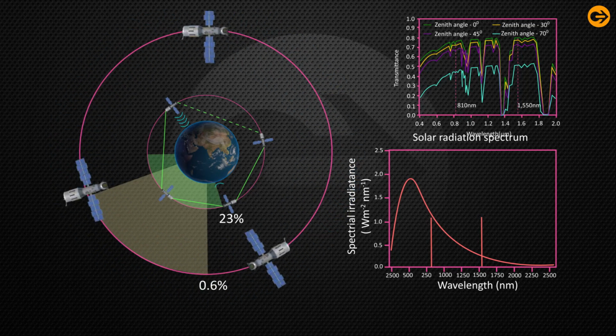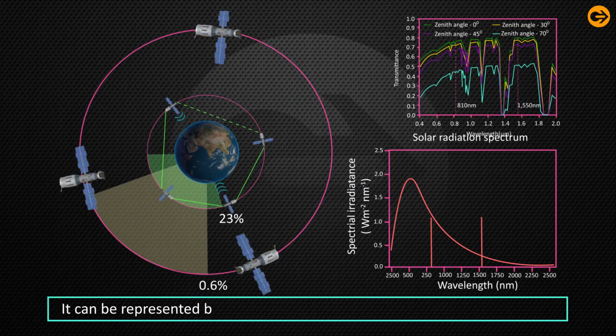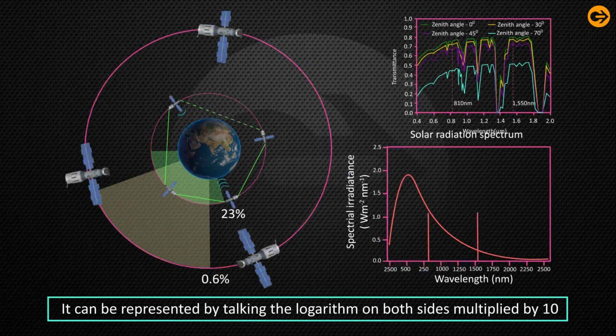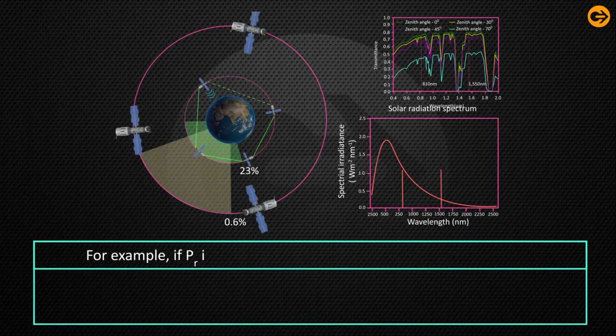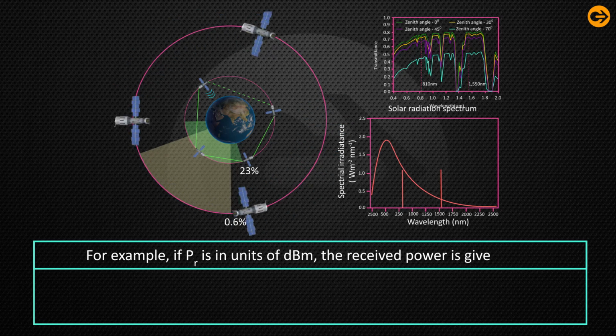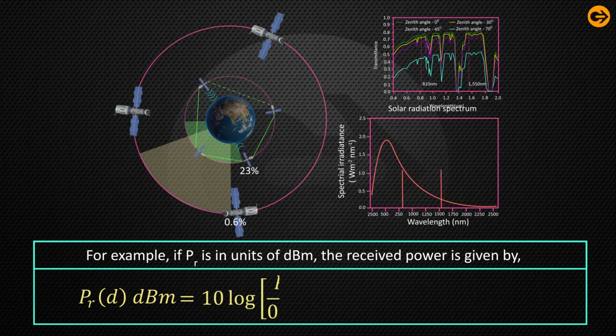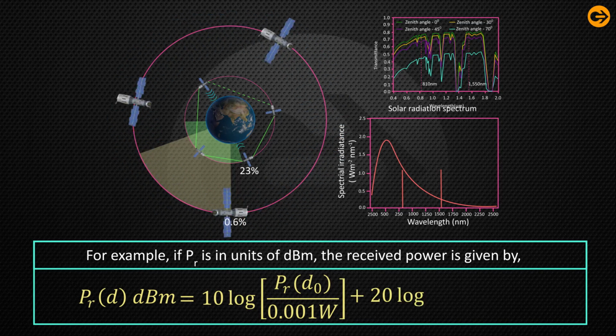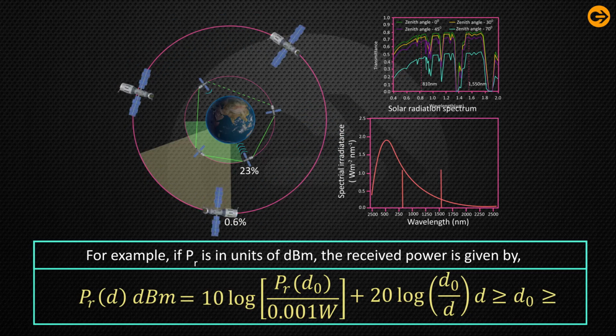In a simple approach, it can be represented by taking the logarithm on both sides multiplied by 10. For example, if PR is in units of dBm, the received power is given by PR of D in dBm equal to 10 log PR of D0 by 0.001 W plus 20 log of D0 by D, where D is greater than or equal to D0 and D0 is greater than or equal to DF.